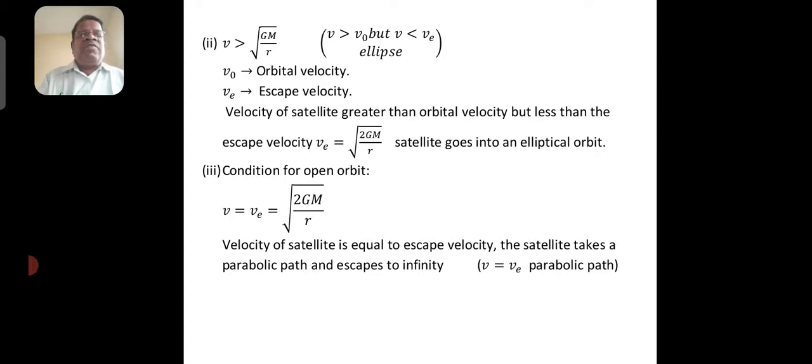See the condition for open orbit. If v equals escape velocity, if the velocity of the satellite is equal to escape velocity, that is root of 2GM by r, then the satellite takes a parabolic path and escapes to infinity. That is, if velocity of the satellite is equal to escape velocity, then the satellite moves in the parabolic path.